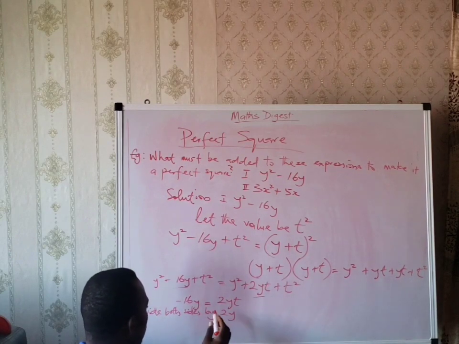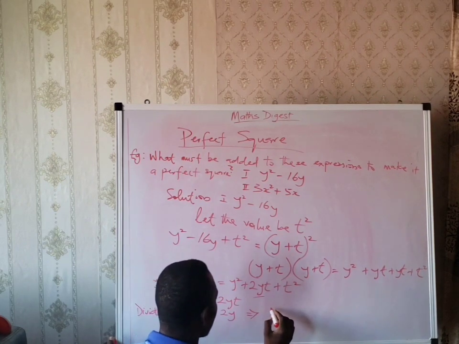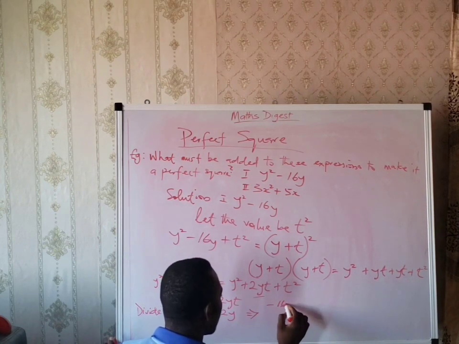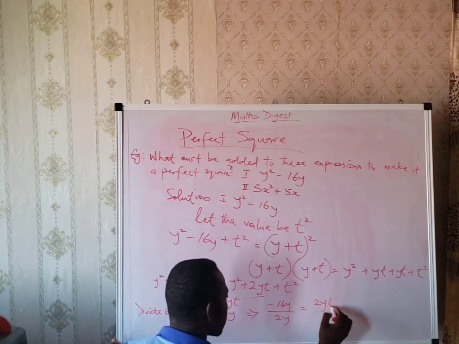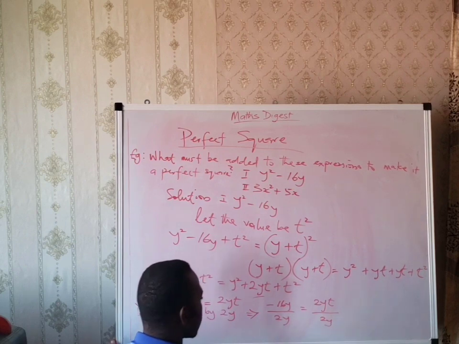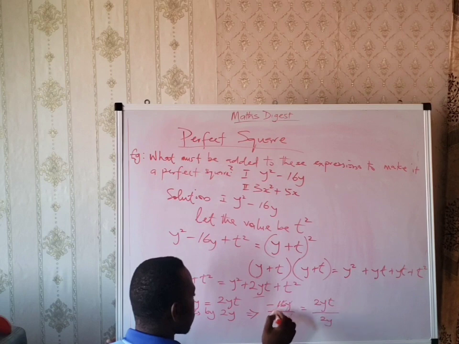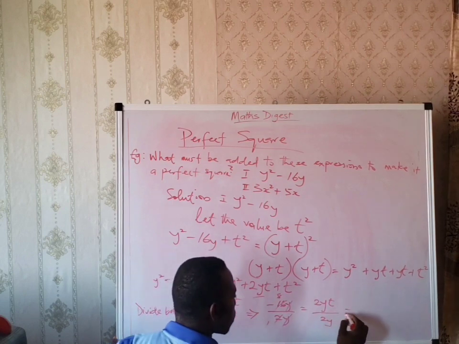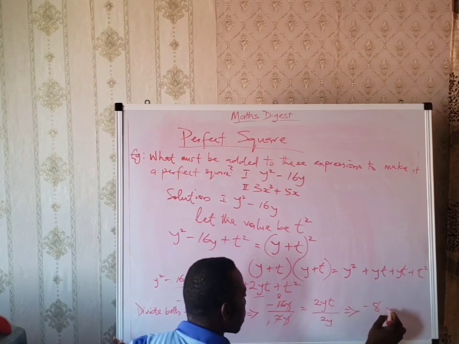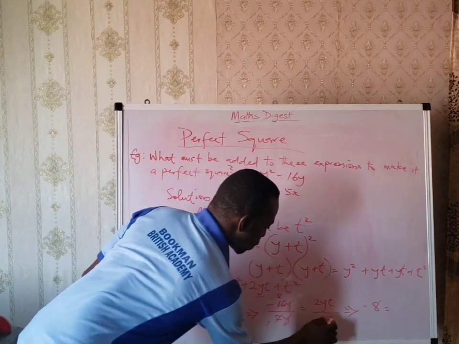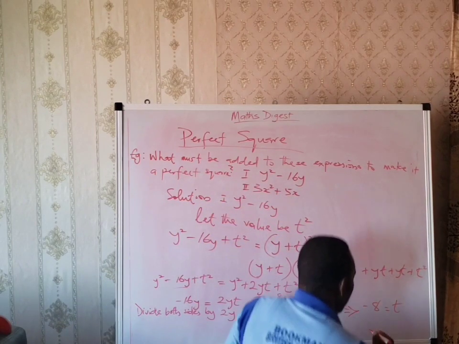When we divide both sides by 2y, we have minus 16y over 2y equal to 2yt over 2y. Now, this we cancel, then here we have 8. So we have minus 8 equal to, this 2y we cancel this 2y here, we have t left. So t is equal to minus 8.